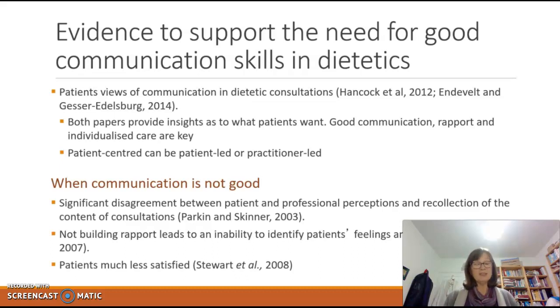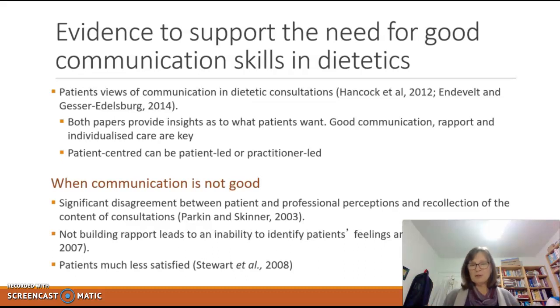And what is really interesting from that is that the patients have gone away with a different understanding of what they were being advised to do, where there is little empathy. So if the dietitian is not actually demonstrating empathy for that patient, they're not taking in as much information. So they're going away with a different agenda.